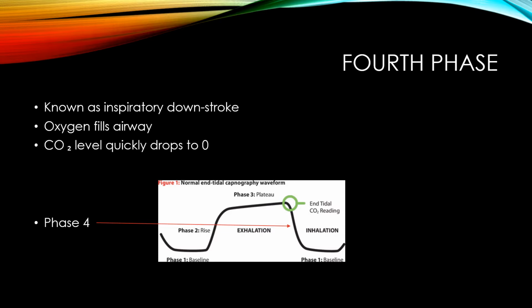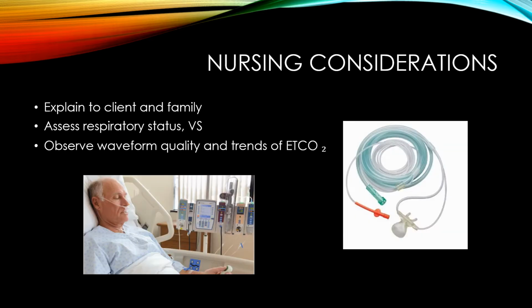So if you're looking at a waveform over a minute and they're breathing 16 times a minute, you should see 16 of these waveforms with their inspiration and expiration. Again, in phase 4, the CO2 level quickly drops to 0 until those gases start to exchange again. Okay, some nursing considerations.